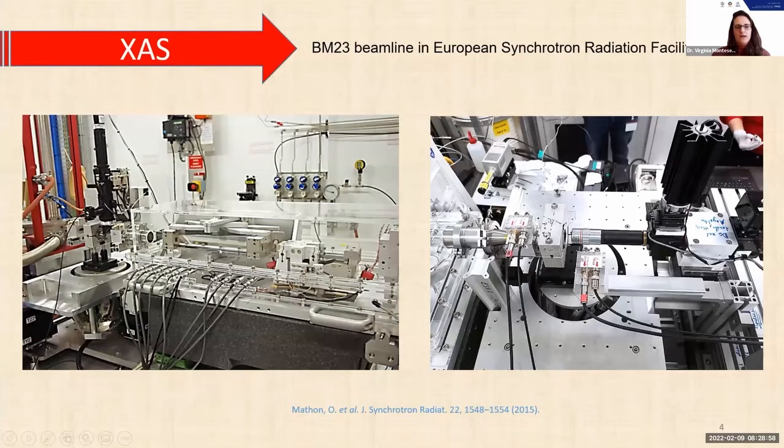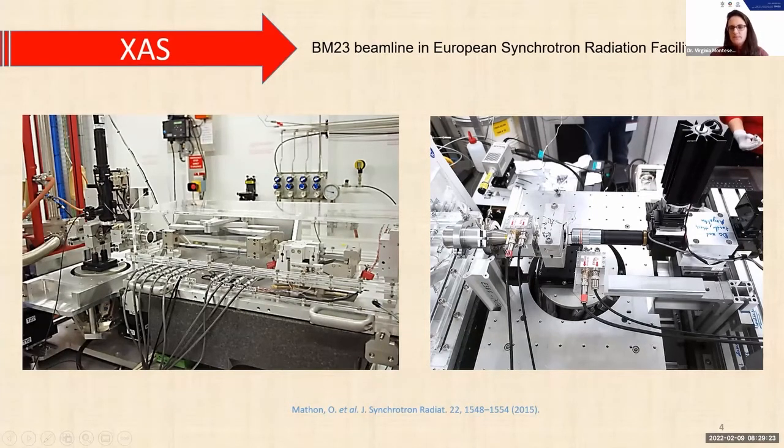And now we can get a beam spot around 2 by 2 square micrometers. After the micro-XAS station, we place both ion chambers to work in transmission mode, I0 and I1, and of course the pressure cell in between.